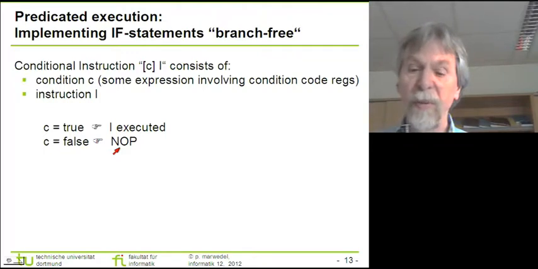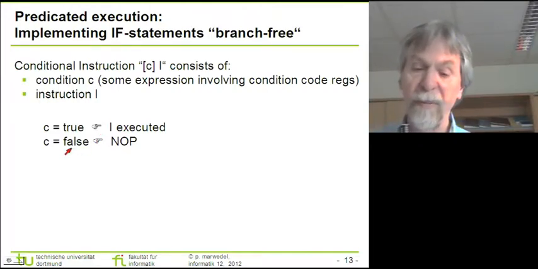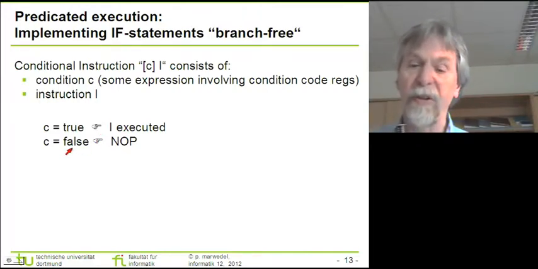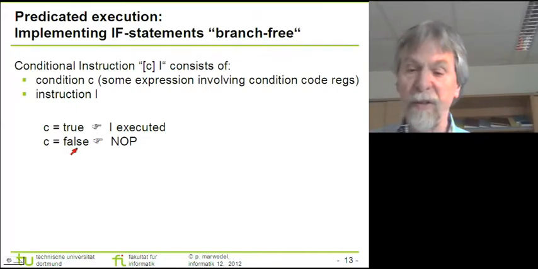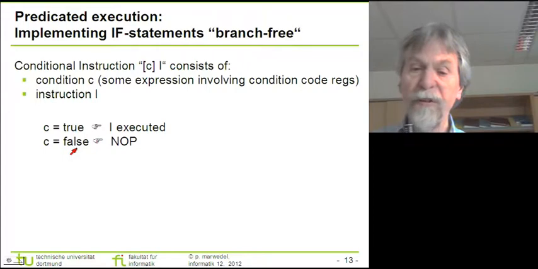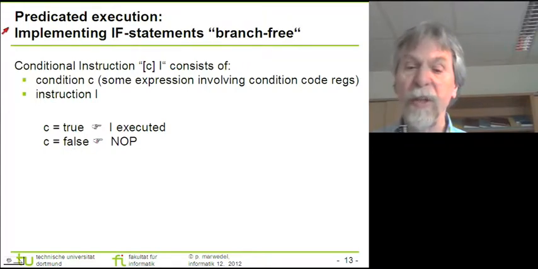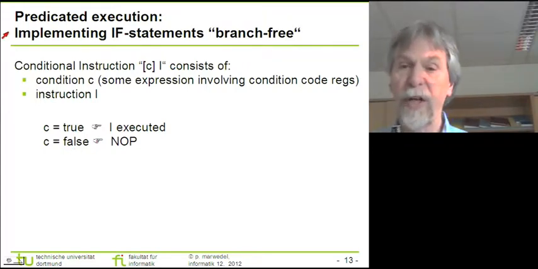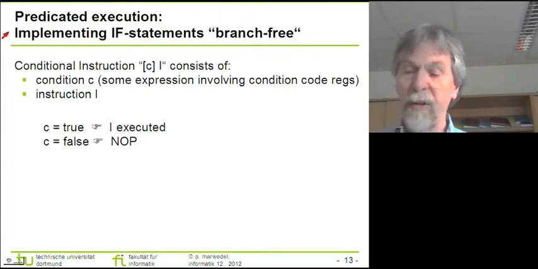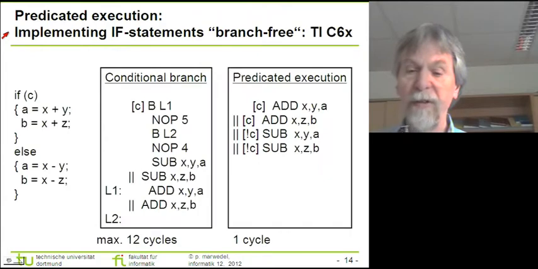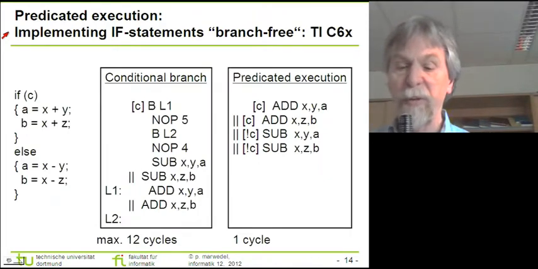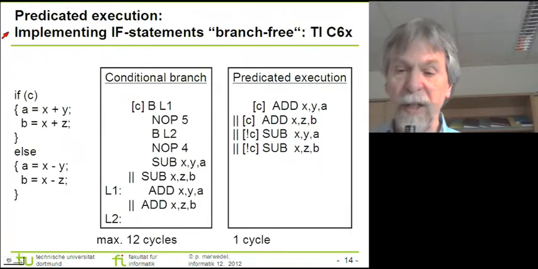This is usually implemented in such a way that the computations are performed, but then this result will decide whether or not the final result is actually stored in the state registers. So with predicated execution we can implement if statements branch free without the need to execute any conditional branch. Now this has a large benefit if we try to implement if statements.